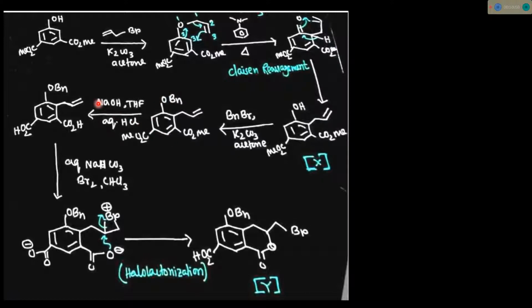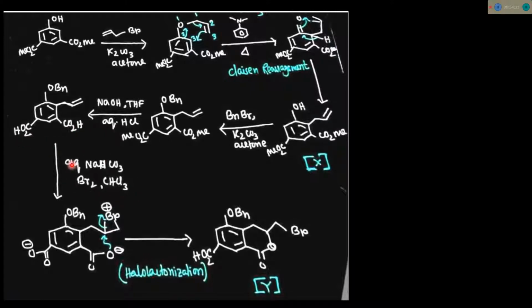Now they use sodium hydroxide, THF, then aqueous HCl, means base hydrolysis, then aqueous HCl workup. So this ester group is hydrolyzed to carboxylic acid. This is a hydrolysis step. After using NaOH, this ester becomes a carboxylate anion, then after aqueous acidic workup, it becomes a carboxylic acid.